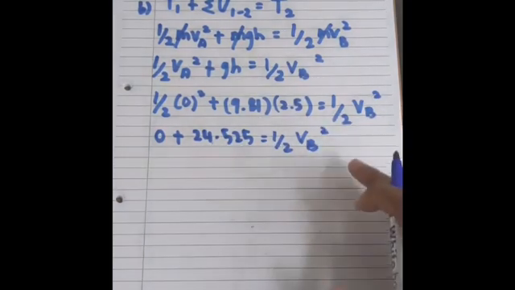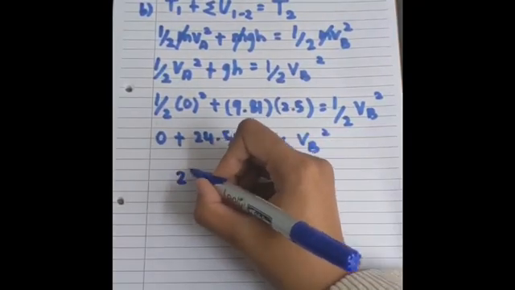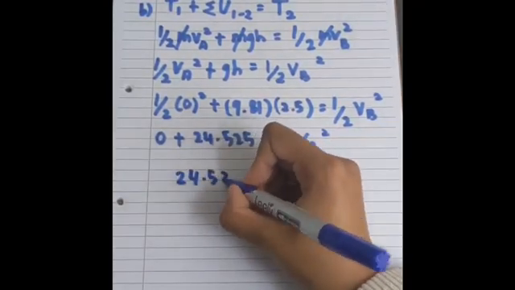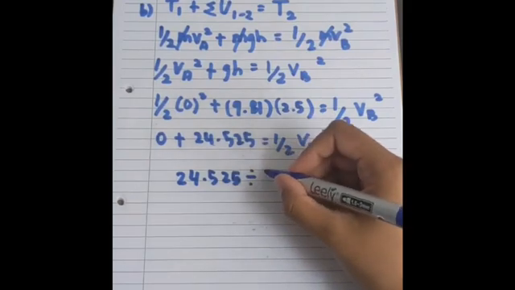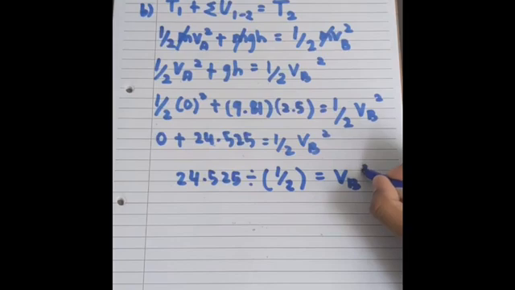We leave VB on one side: 24.525 divided by 1/2, we get 49.05 equals VB squared.